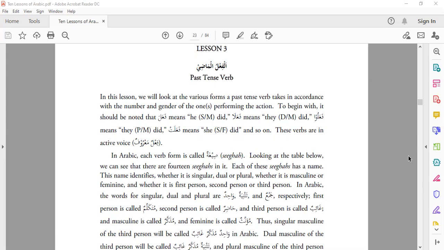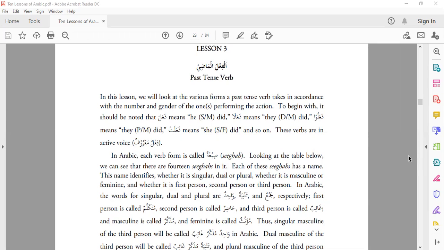Fa'ala, when you add the extra alif, means they, dual men did, third person. Fa'alu means they, plural male, did. Fa'alat means she, single feminine, did, and so on.